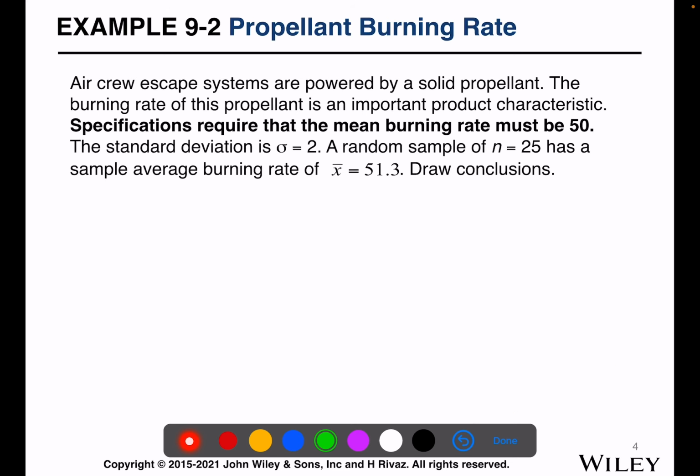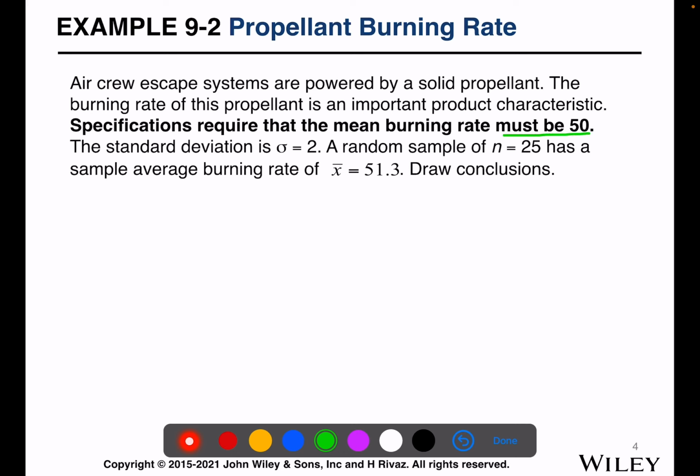Okay. So let's look at one example. Air crew escape systems are powered by a solid propellant. The burning rate of this propellant is an important product characteristic. Specifications require that the mean burning rate must be 50, right?